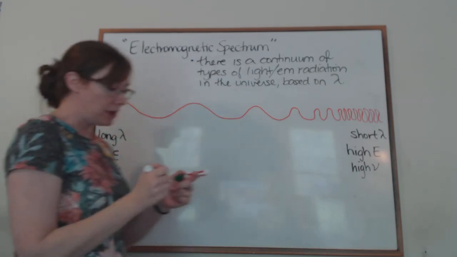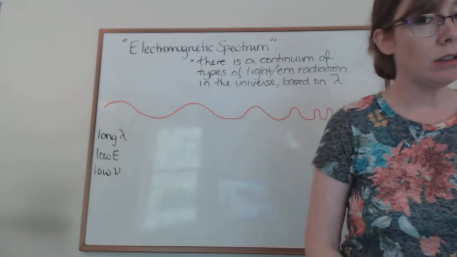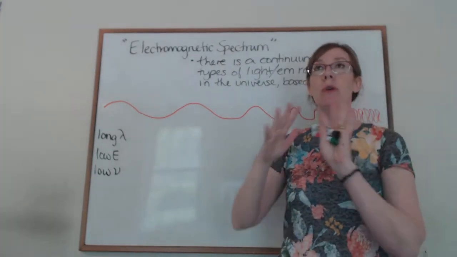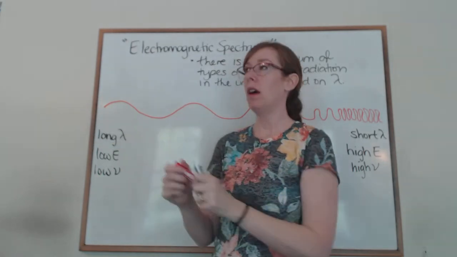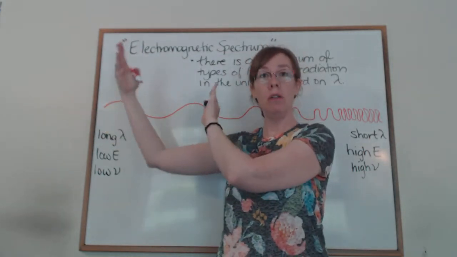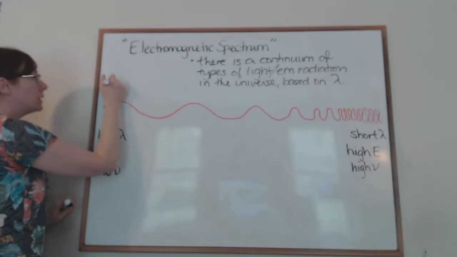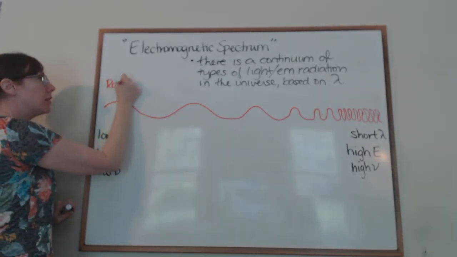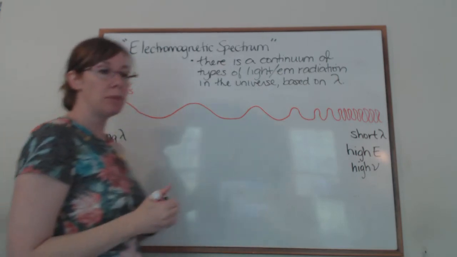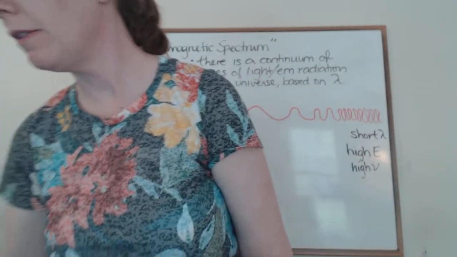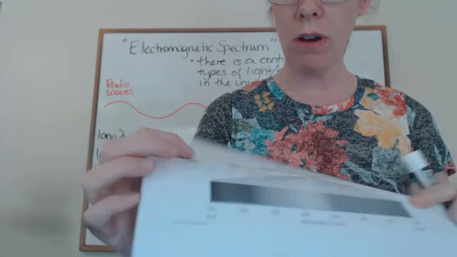All right, so now with this on the board, let's go ahead and start labeling the different types of light. So in the universe, the light that's really long wavelengths, low energy, low frequency, this is what scientists deem radio waves. Now, the actual numbers, where scientists kind of draw the line, is not important for us to know.